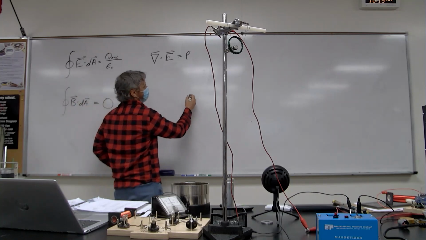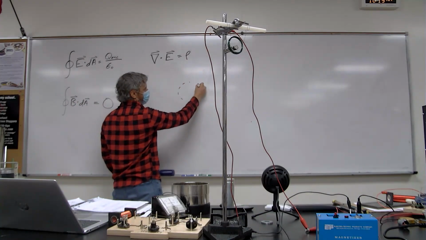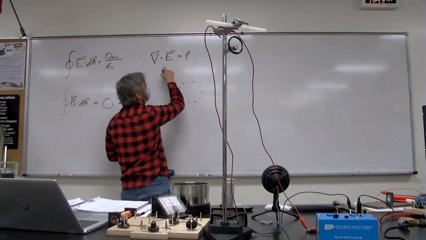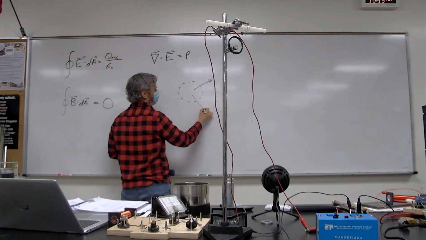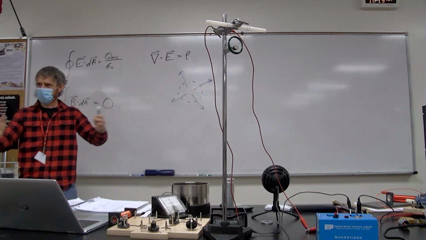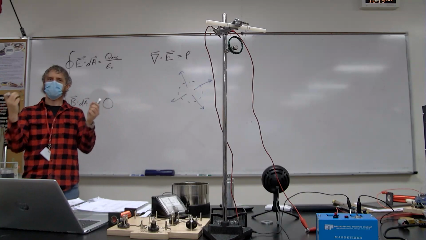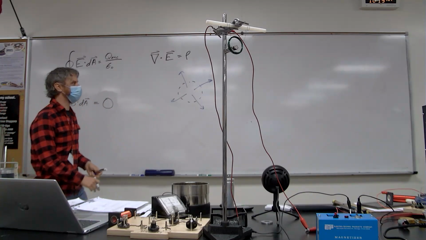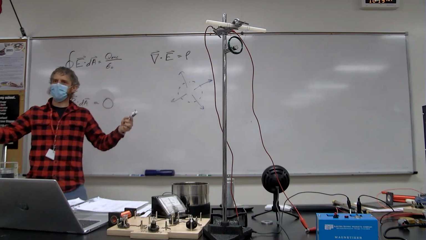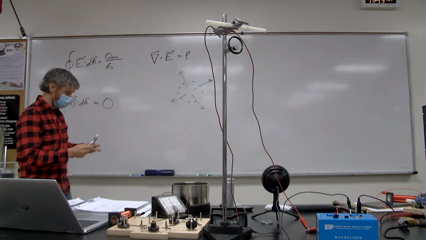The divergence of that field, say through a Gaussian surface, is a measure of the flux, how many field lines are exiting, starting from inside and going through to the outside of some arbitrary surface. The divergence would be negative if it was going in.